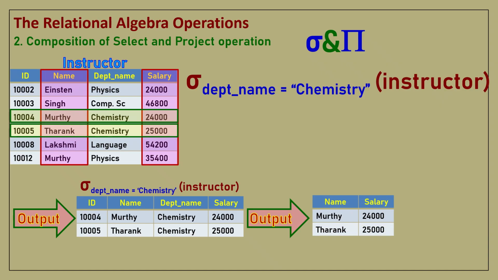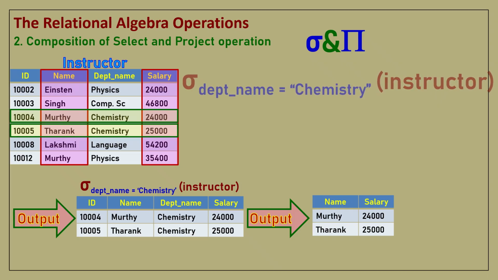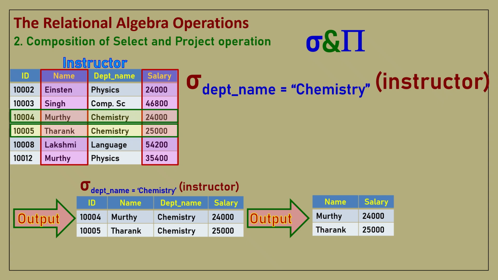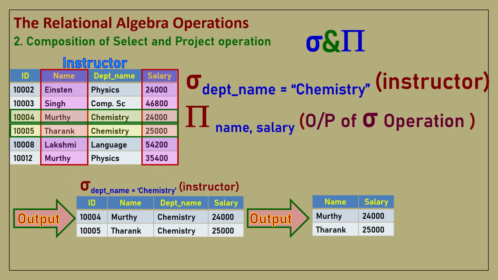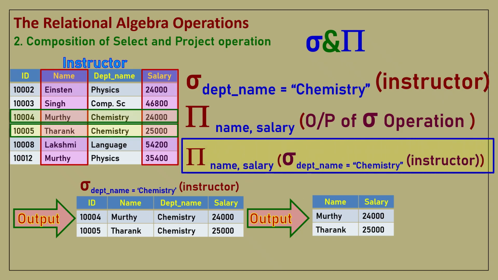So first we execute relational algebra query, select department name equals chemistry from instructor. Then we execute relational algebra query, project, name comma salary from output of previous query. Final query is project, name comma salary from, select department name equals chemistry from instructor.